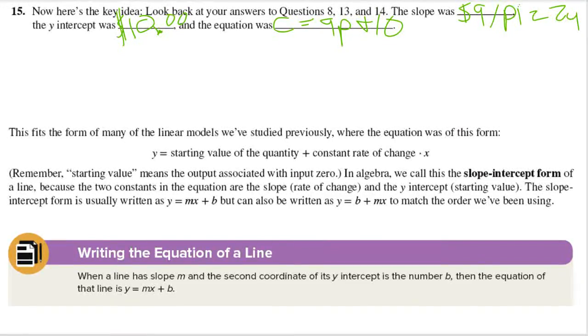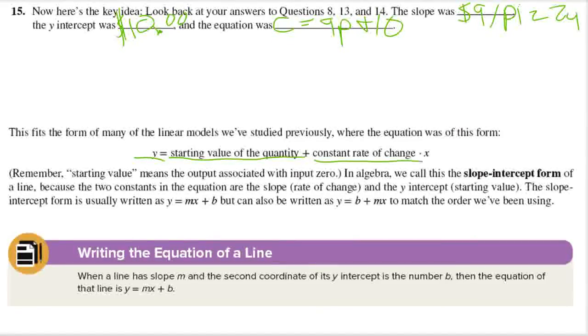This fits the form of many of the linear models we've studied previously, where the equation was of this form: y equals. So we usually use y for the number we're calculating. Starting value of the quantity. So in this case, what the value is when x is 0.